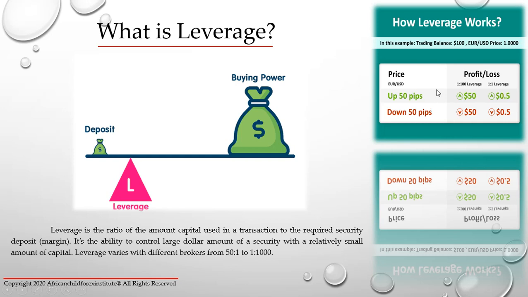But what about the downside? What if you've lost $50 of your $100 trading capital? That means you've lost half of your capital, and you feel that the leverage is very bad. But if you're trading at a 1:1 ratio, you've only lost $0.5. So leverage has an advantage and a disadvantage.